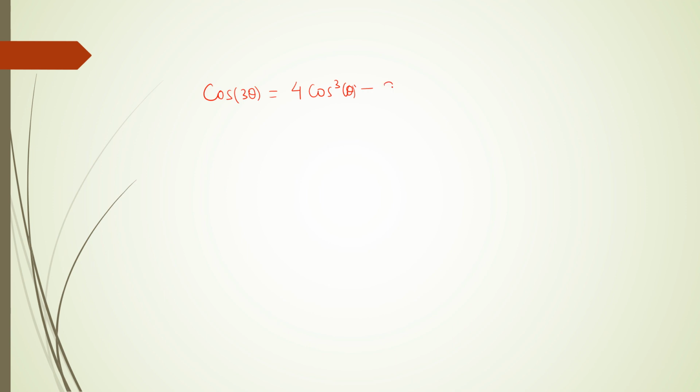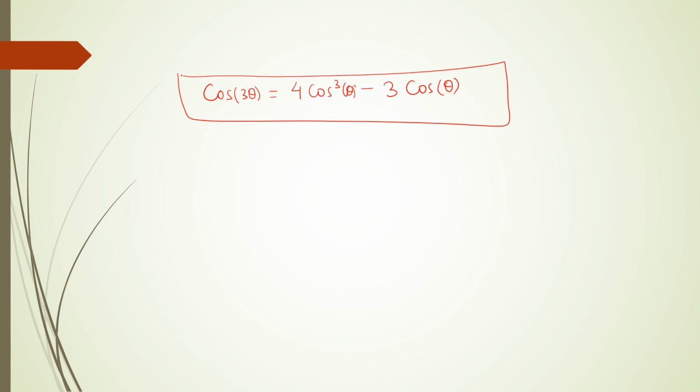So we got cos 3 theta is equal to 4 cos cube theta minus 3 cos theta. So we have proved the fifth identity. In a similar fashion, tan 3 theta and any formula we can derive.